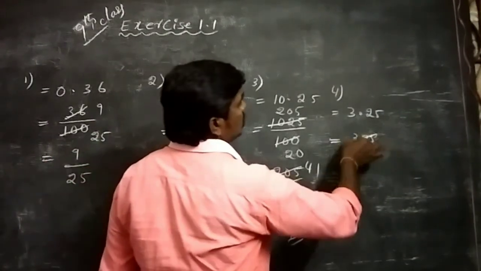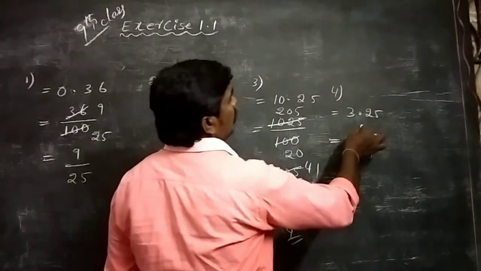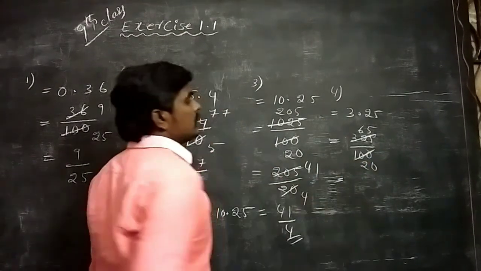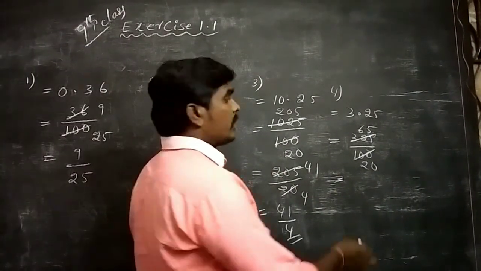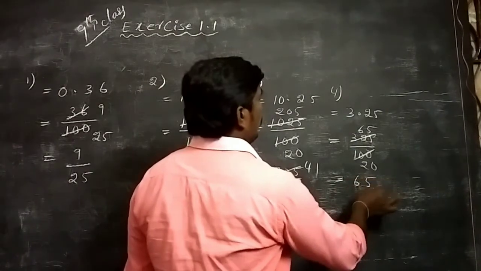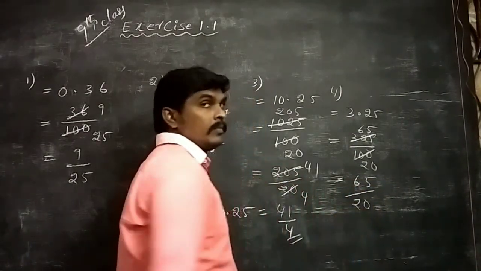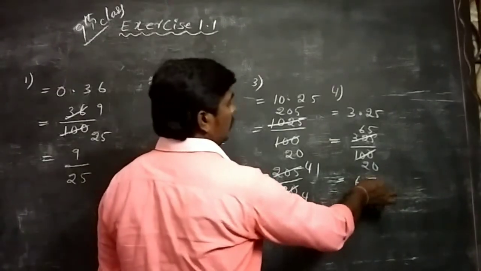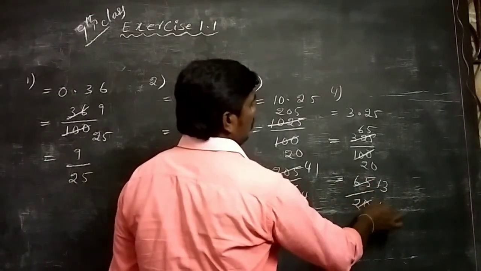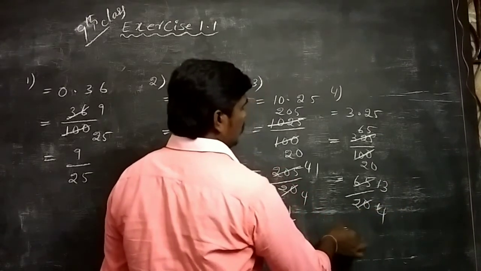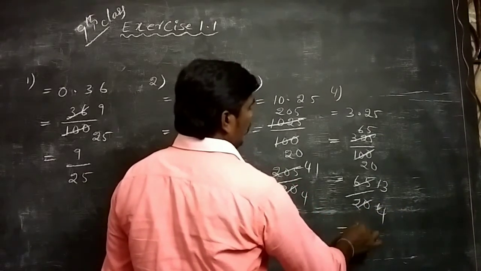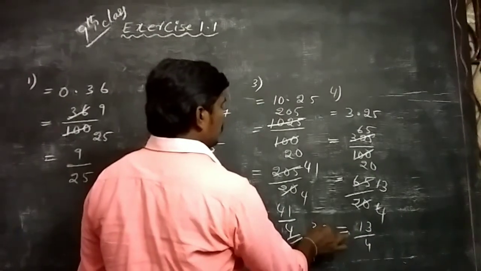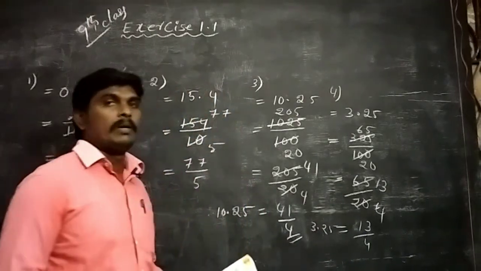Common table, so cancel with the 5 table. 5 65s are 325, 5 20s are 100. So 65 by 20. Again 65 by 20, both will be cancelled with the 5 table. 5 13s are 65, 5 4s are 20. So the required answer in simplest form is 13 by 4. 3.25 is equal to 13 by 4.